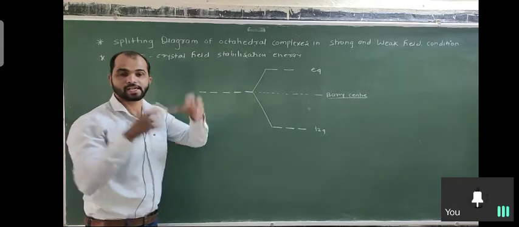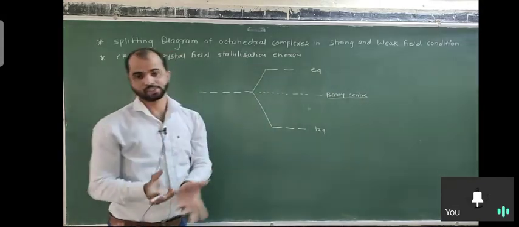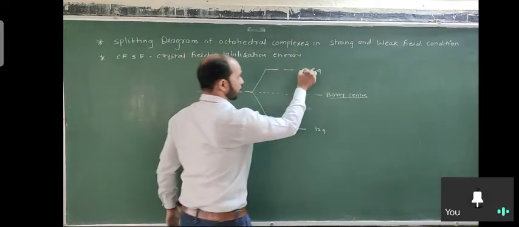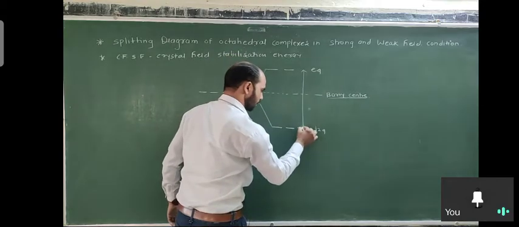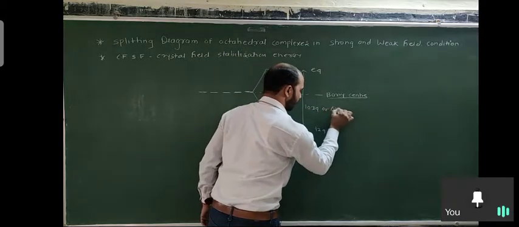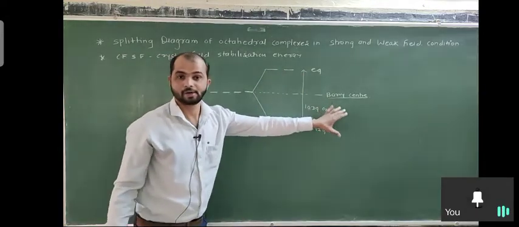So the total energy involved after this splitting is the CFSE. The total energy separation is 10 Dq, or delta naught.